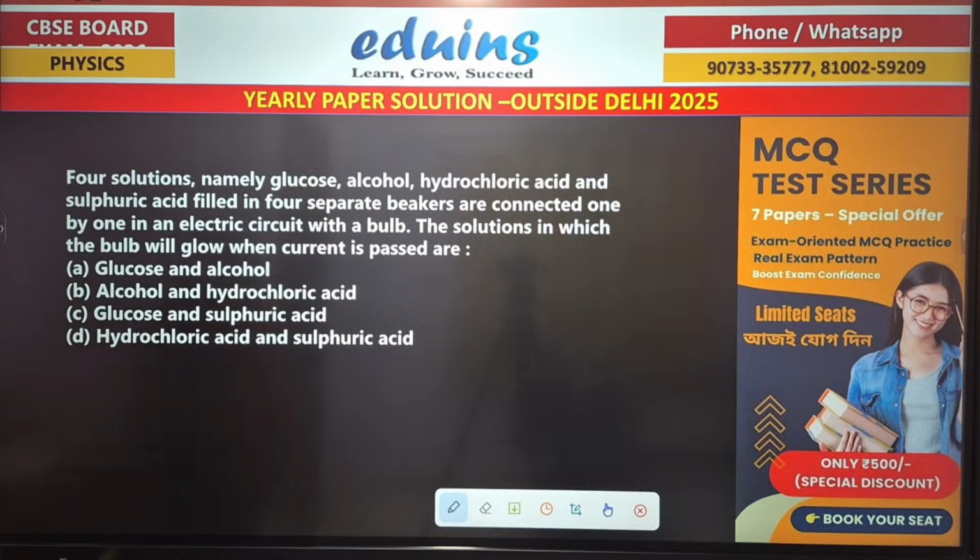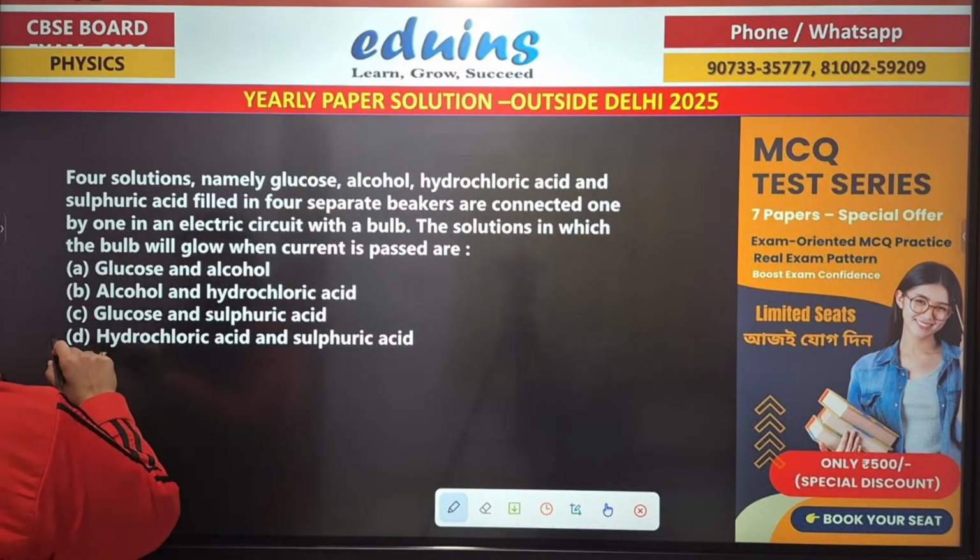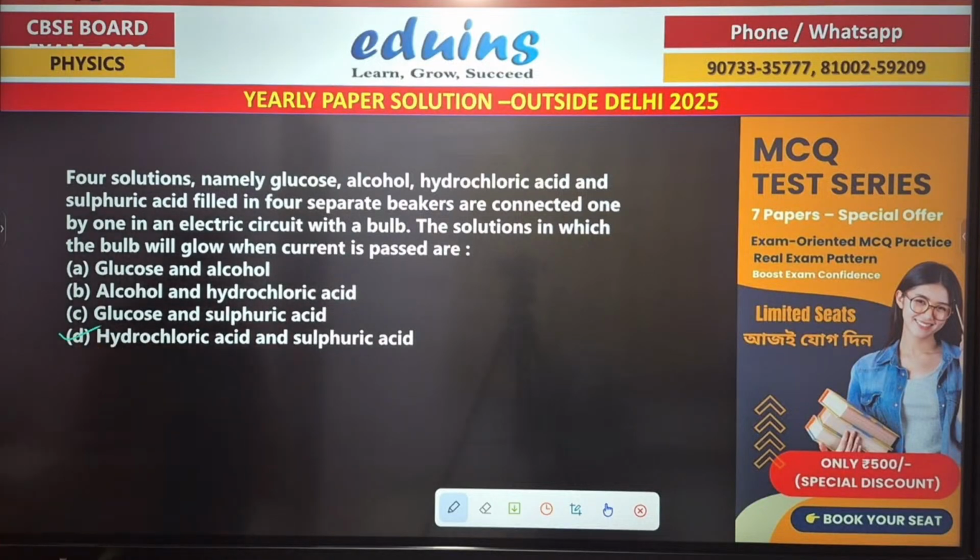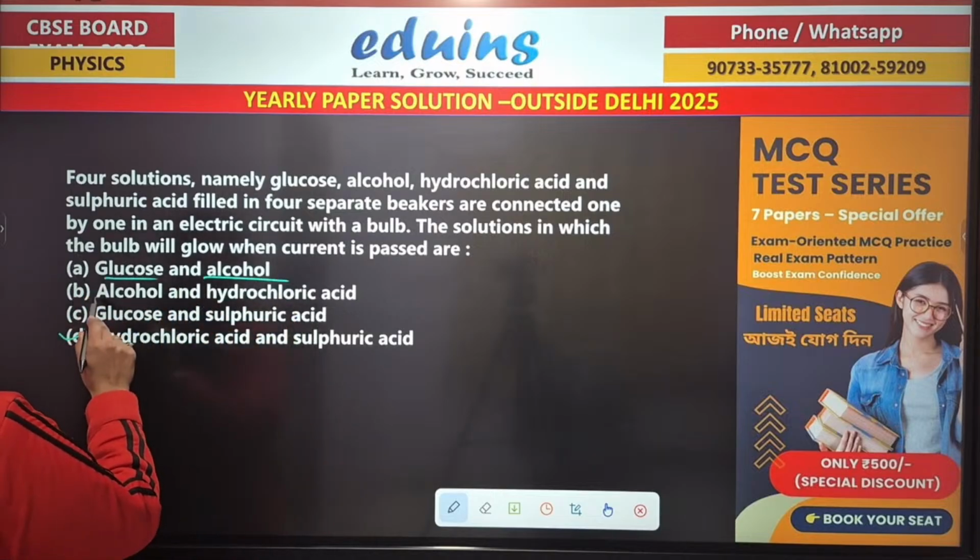So, yes, option D is the correct answer because these are conducting, and glucose and alcohol are not conducting. Not conductive because glucose and alcohol are covalent. You know that they all are covalent.